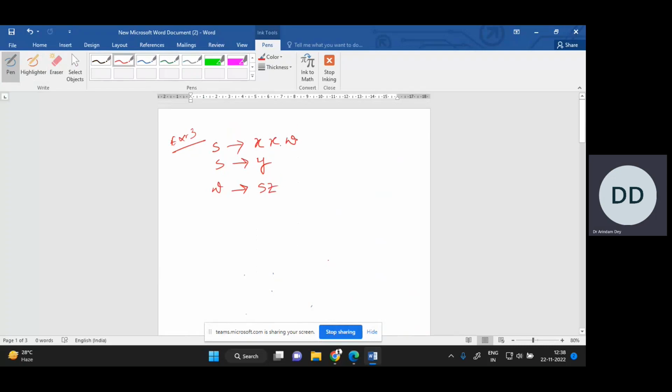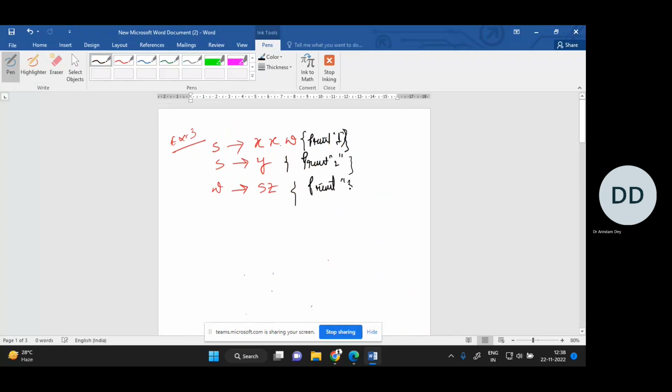Now what I am writing is that here I am embedding the production rules. Here it will print 1. Here it will print 2. Here it will print 3. What does it mean?